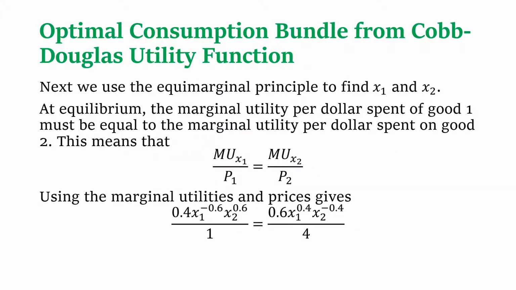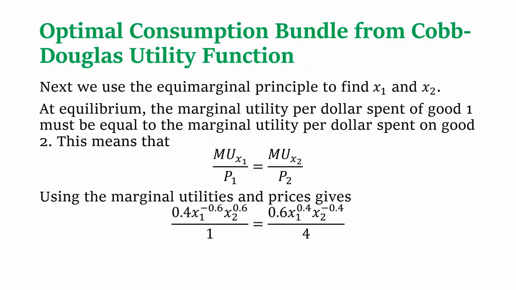So the consumer is in equilibrium when the marginal utility per dollar spent on good 1 is equal to the marginal utility per dollar spent on good 2. So this means that MUx1 over p1 equals MUx2 over p2.